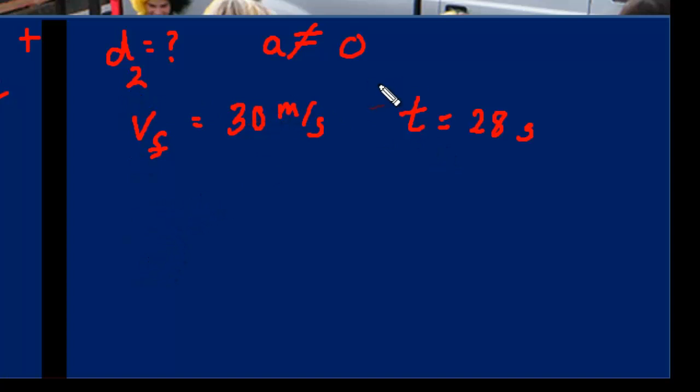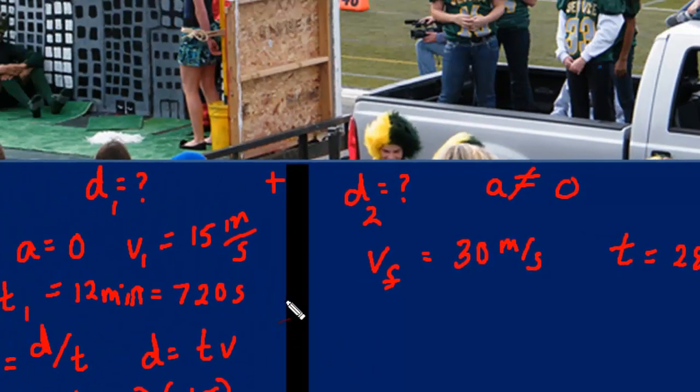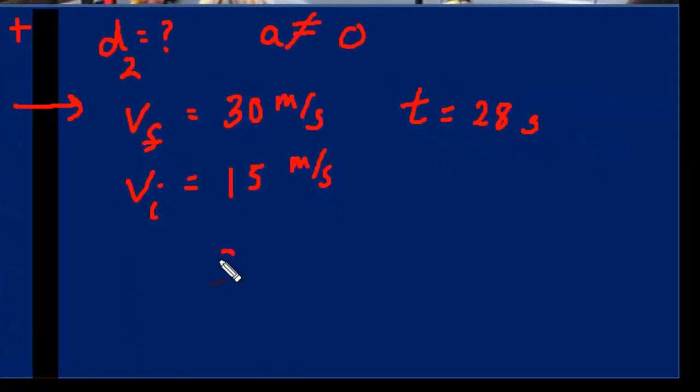Over on the second part, we've got a VF, we've got a T, we're hunting for a D. We know there's acceleration, but we don't know what the acceleration is. We could calculate it if we want to, but I'd rather go with the shortcut method. I know that as it moves from part 1 to part 2, the velocity at this point was 15 meters per second. So I know my starting velocity over in part 2 is 15 meters per second, and I can use the old standby, d equals 1/2 (v1 plus v2) t.